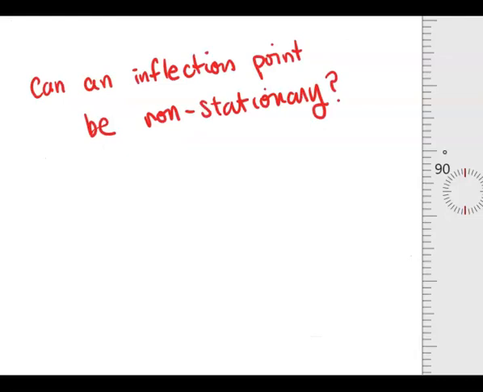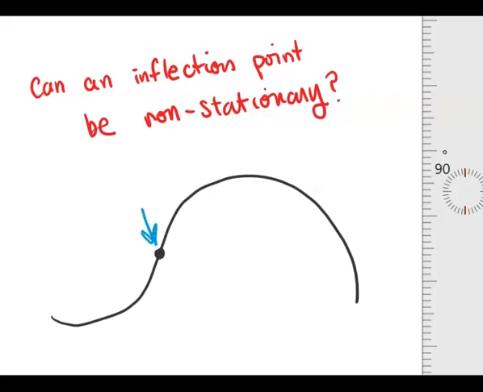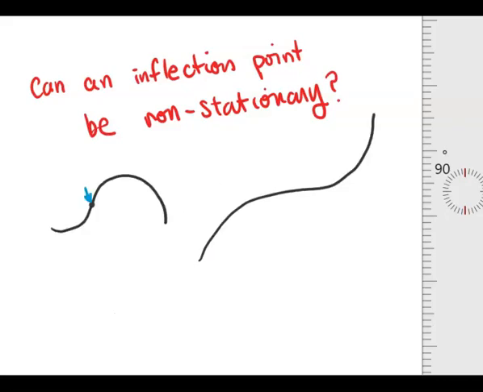Now, as I use the word stationary inflection point, you might be wondering, hold on, can an inflection point be non-stationary? Absolutely. Remember, an inflection point is where the concavity of the curve changes. So that's our inflection point right there. But when we're talking about stationary inflection points, the concavity of the curve is still changing, right? Like this is concave down technically, this is concave up.